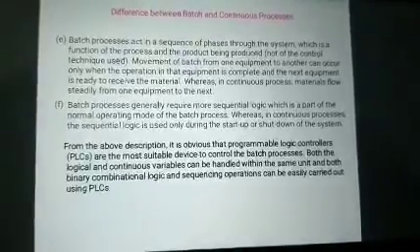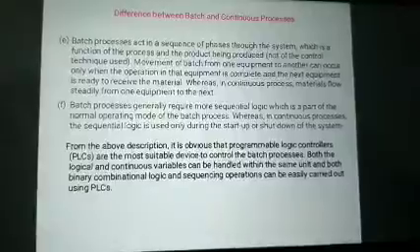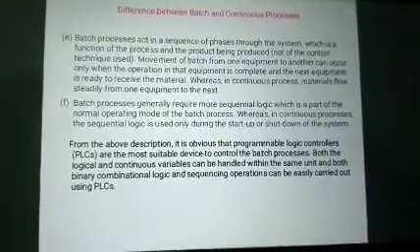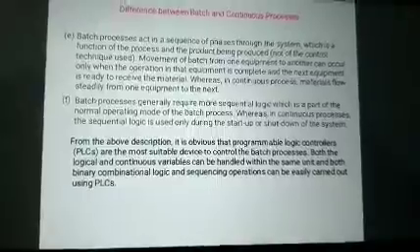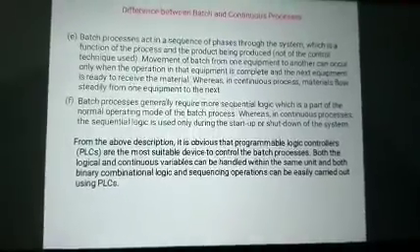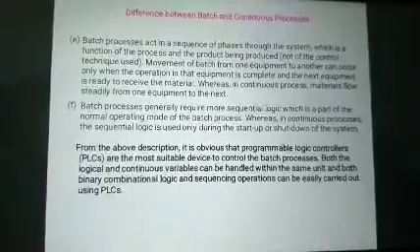Each batch process generally requires more sequential logic, which is a part of the normal operating mode for the batch process. Whereas in a continuous process, this sequential logic is used only during startup or shutdown of the system.